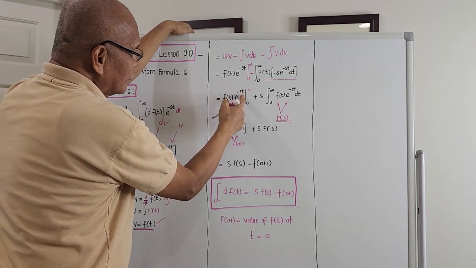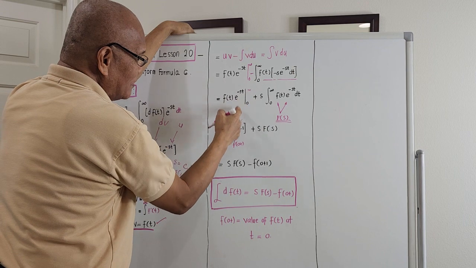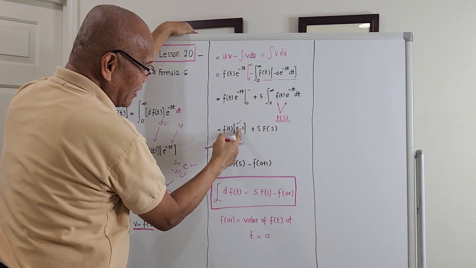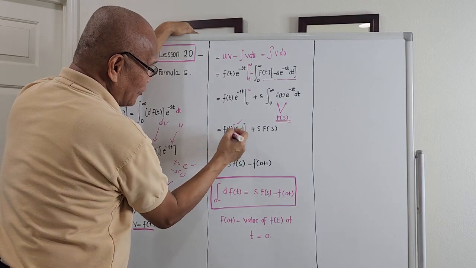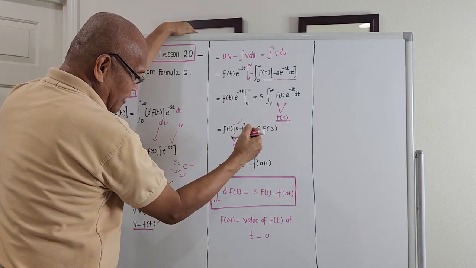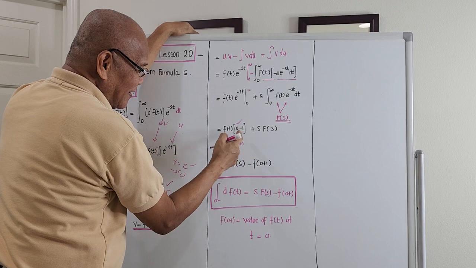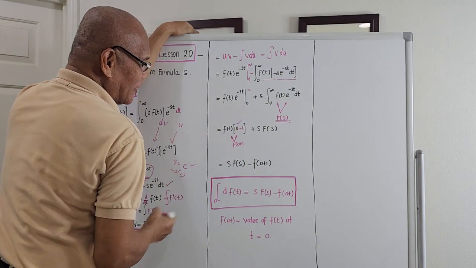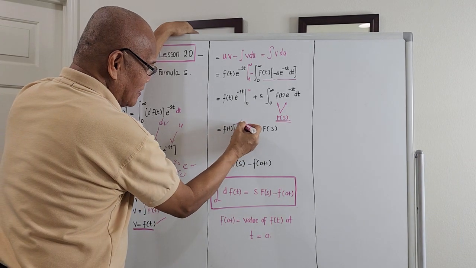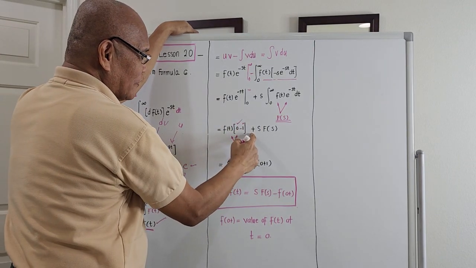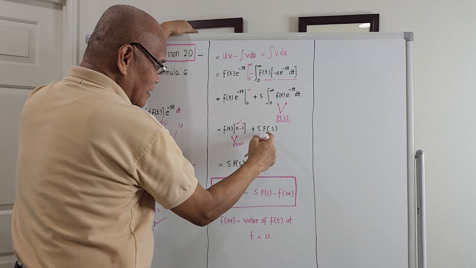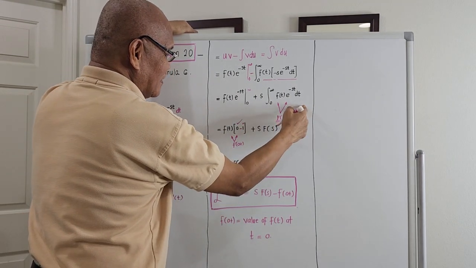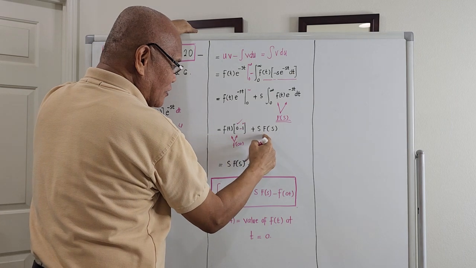When time t is 0, minus s times 0 will be 0, and e to the 0 will be 1, so this is minus 1. Why is this minus? We are subtracting the value of the first term, upper limit minus lower limit, so there's a subtraction operation over here. So this is minus 1, plus s times F as a function of s, because this portion is the simplification of s times capital F of s.